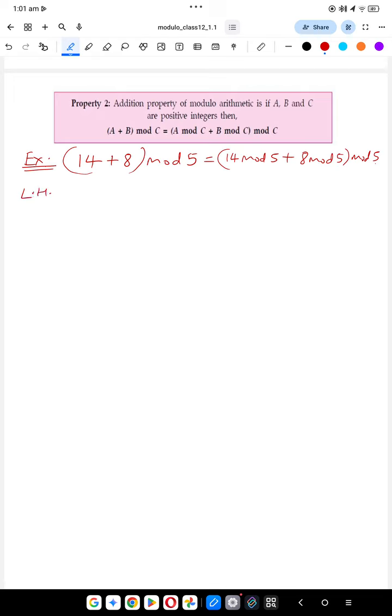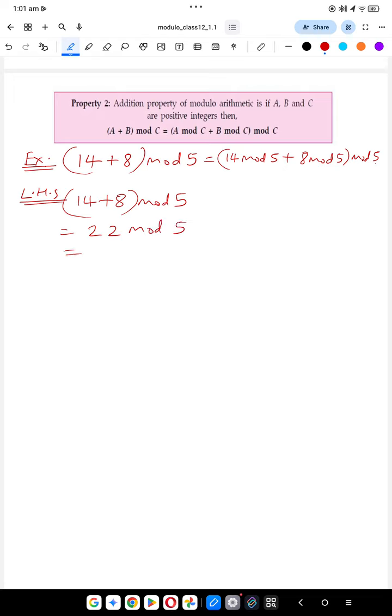So let's take the LHS of it. What was our LHS? 14 plus 8 mod 5. So how much is 14 plus 8? It is 22 modulo 5.